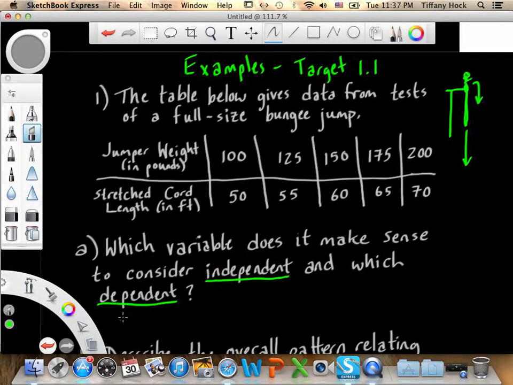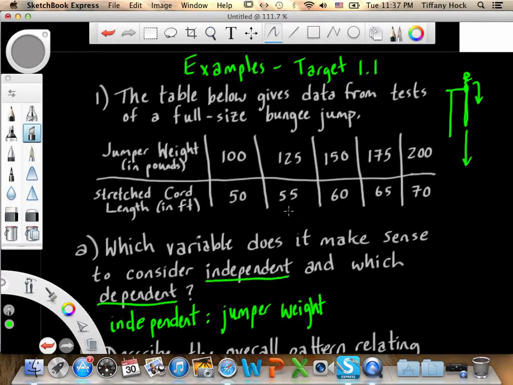So if you think about this for just a second, I think you'll come to the quick conclusion that the independent variable, so this is what you're going to write down, the independent variable is going to be the jumper weight, and the reason being that the weight of this person, the person jumping off, has nothing to do with how far this cord stretches.